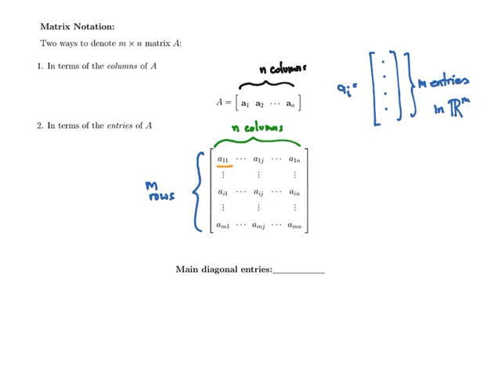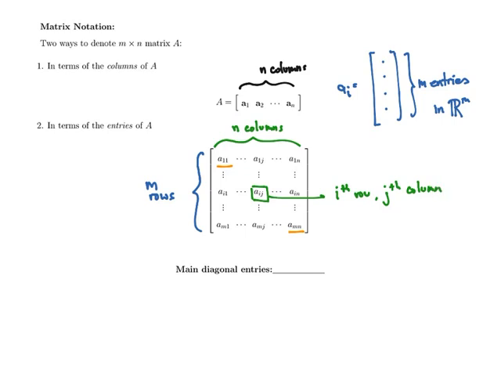So A11 means that we have the first row and the first column. Amn is the mth row and the nth column. And then in general we have Aij is the ith row and the jth column.